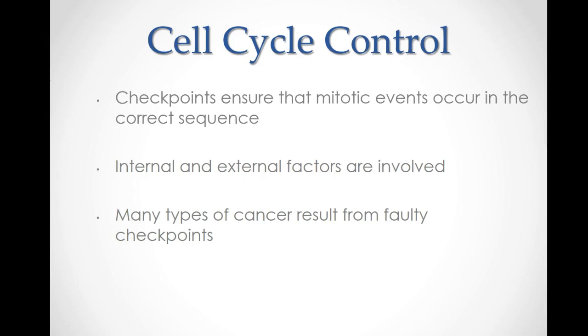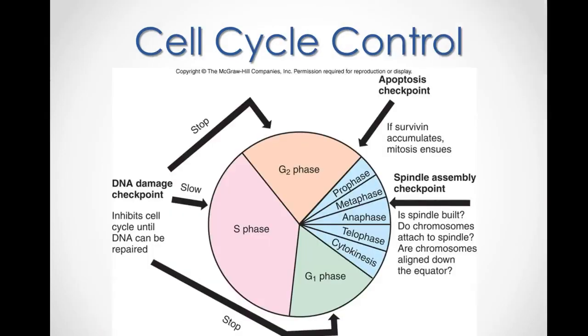What's interesting is a cell that has lost control of the cell cycle, that is dividing uncontrollably, is the beginning of what we refer to as the disease of cancer. So cancers are masses of cells that begin to grow out of control, and they have lost control of the cell cycle, basically. It's because the checkpoints that are in place to prevent them from doing this have failed.